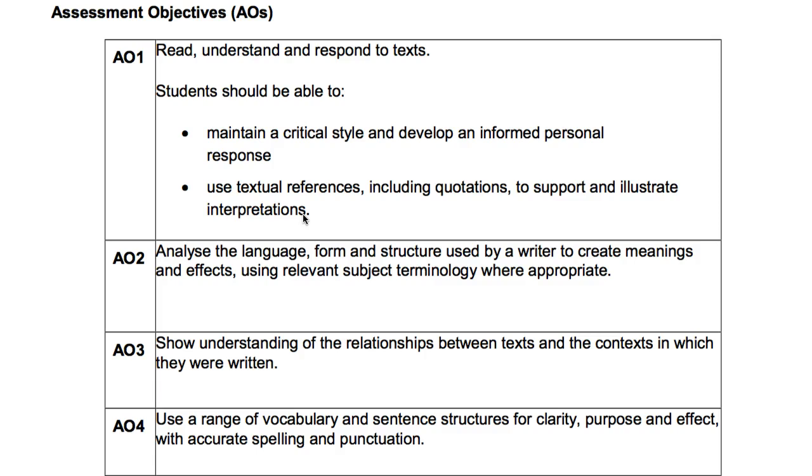Therefore, context, although it's only listed in AO3, is absolutely relevant and central to AO2 and AO1. So this video on context is going to help you meet all of these AOs, all those assessment objectives, and therefore get a full mark answer.